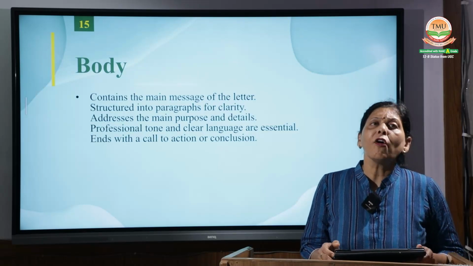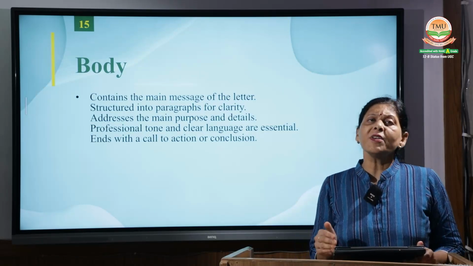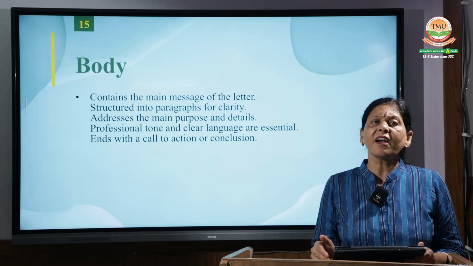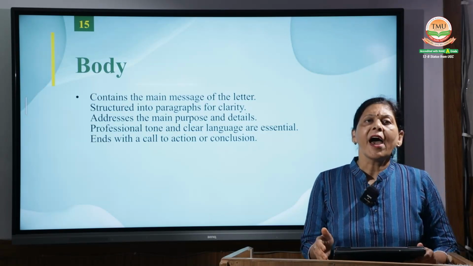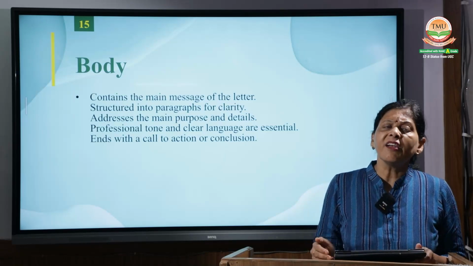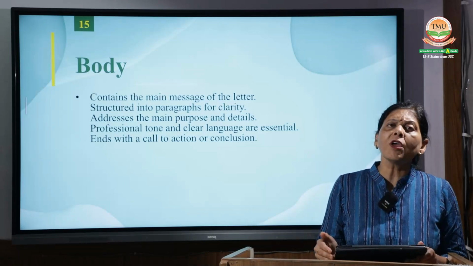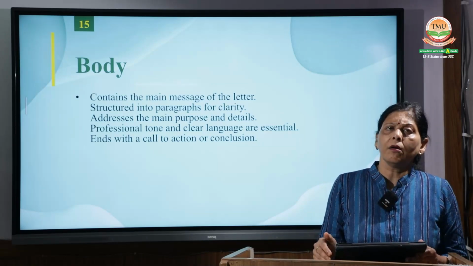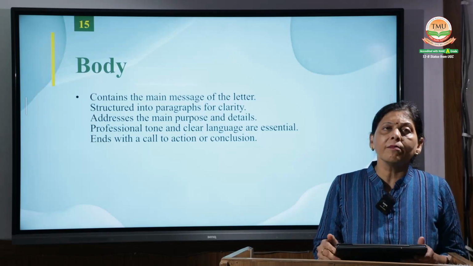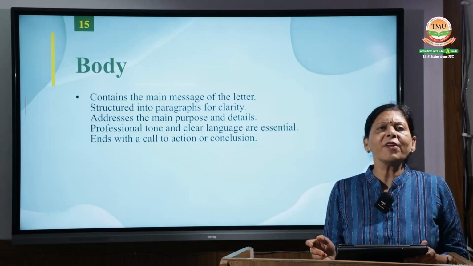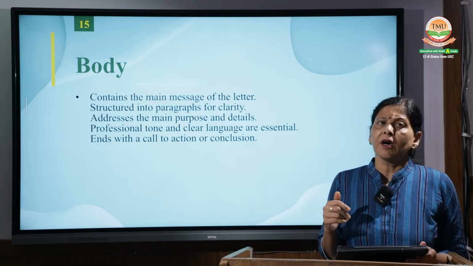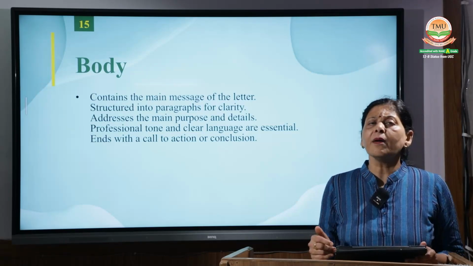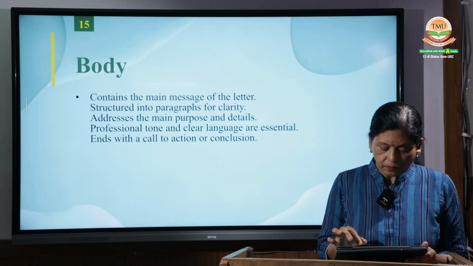In your conclusion you can say, looking forward to receiving an order from you, or looking forward to hearing when the new product is being launched. It means you expect an action from the other person.